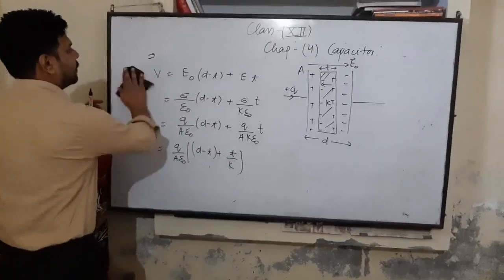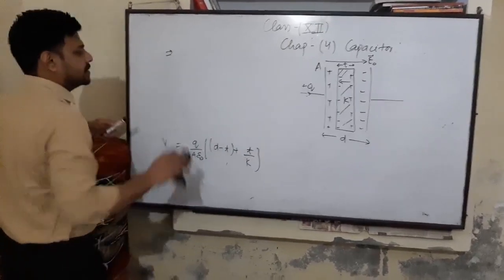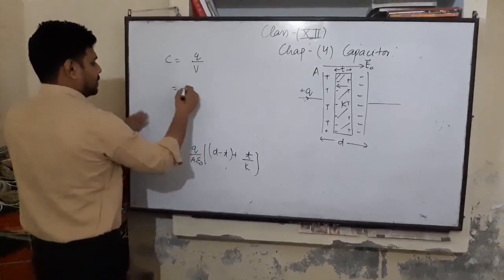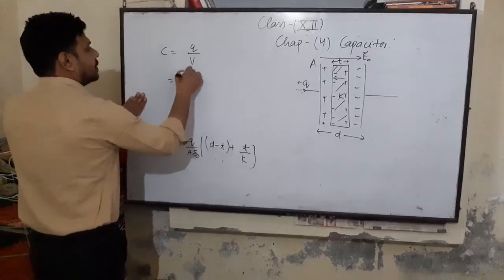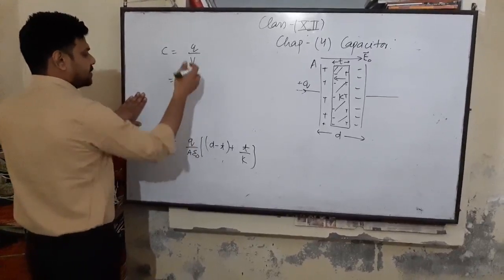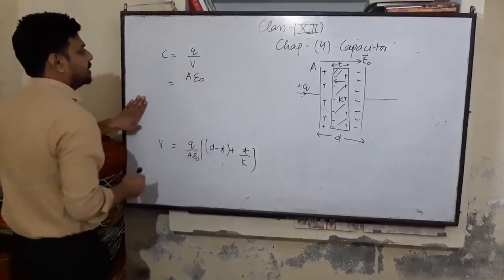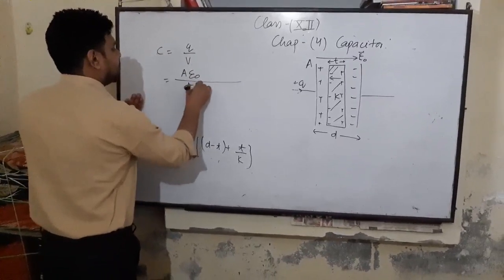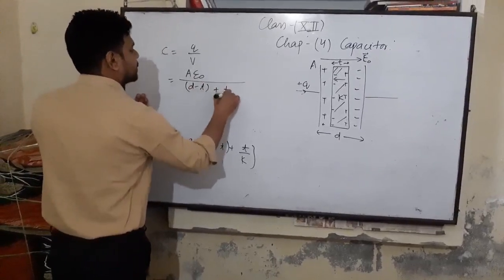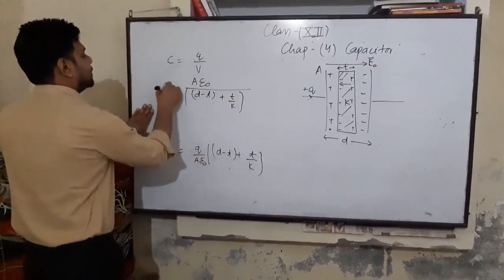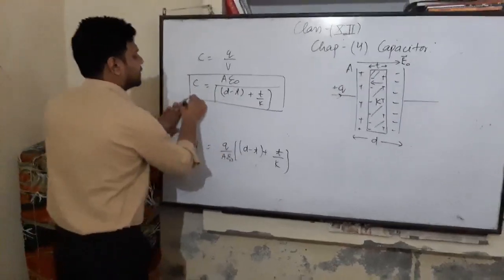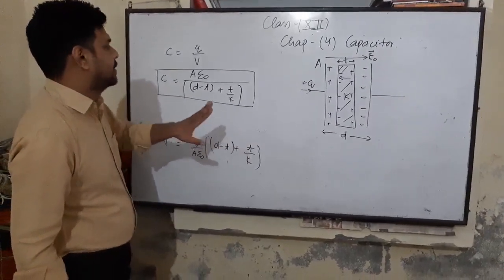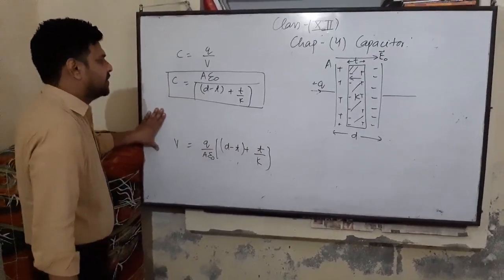Now, for capacitance, simply use C is equal to Q over V. After putting the value of V in this expression, we get A epsilon naught upon D minus T plus T over K. This is the expression for the capacitance of a parallel plate capacitor when the dielectric is partially filled between the plates.